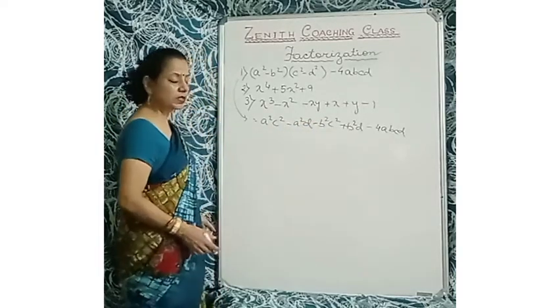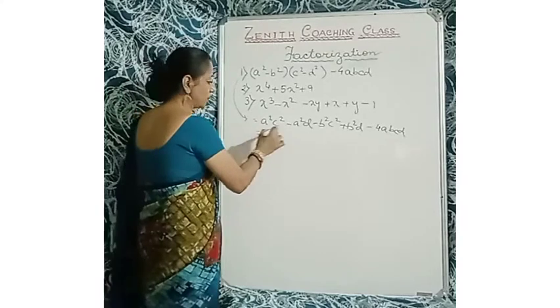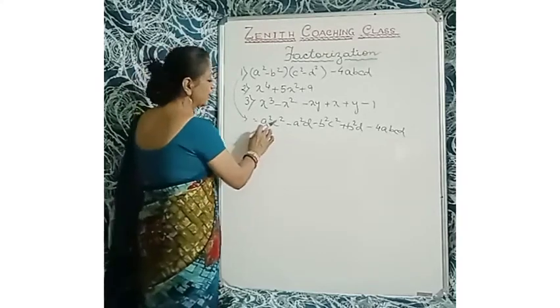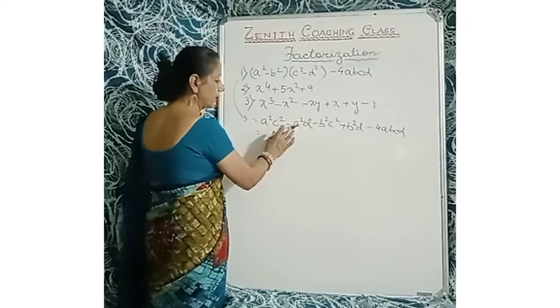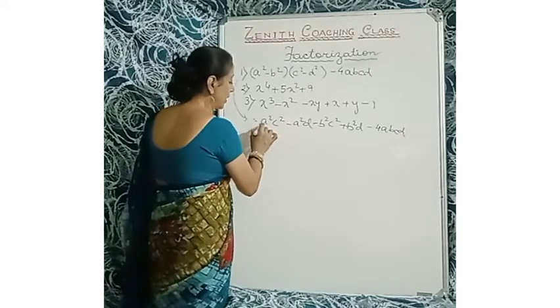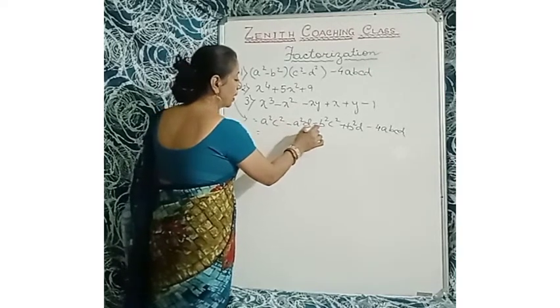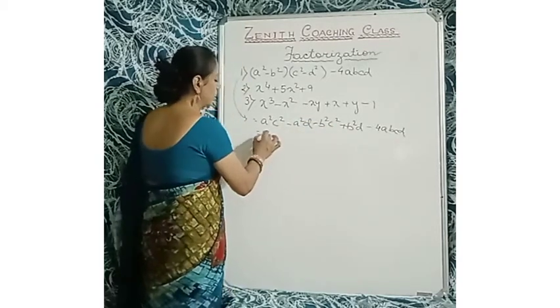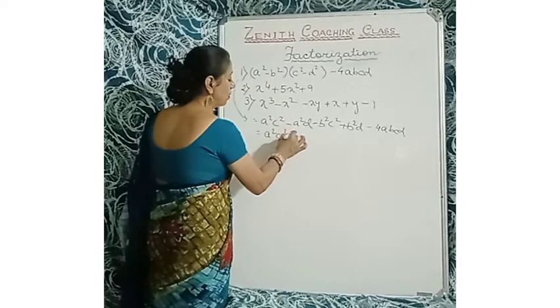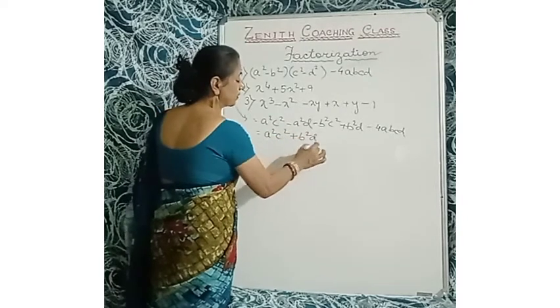How is it possible to factorize? Possible, children. Let's see. Here is a square c square and here is a square d square. So you take a square c square plus b square d square.